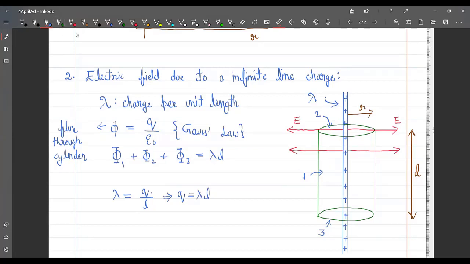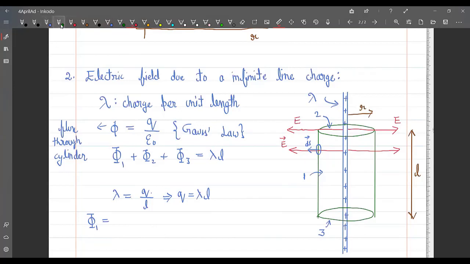Okay. Now see, if I calculate flux due to the first region, we know that electric field at each and every point on this curved surface will be the same. If I draw a surface ds like this, this is your ds vector and this is your E vector.